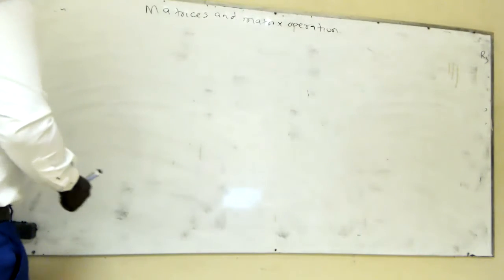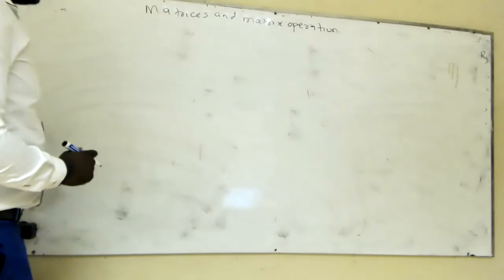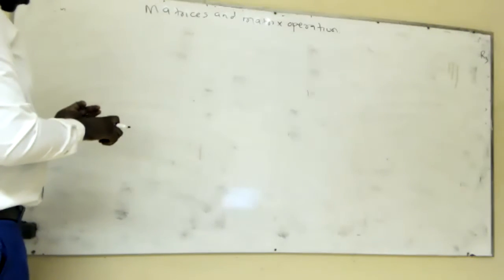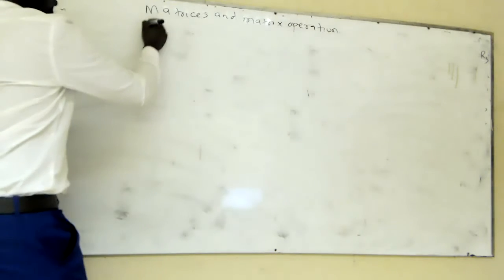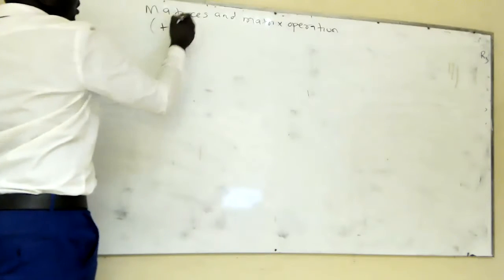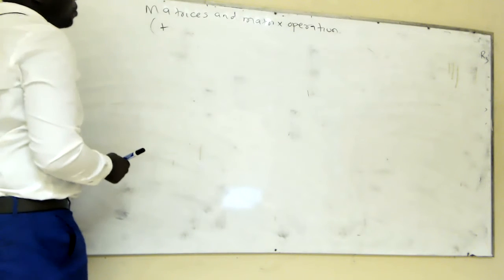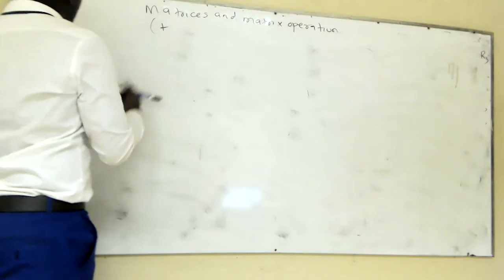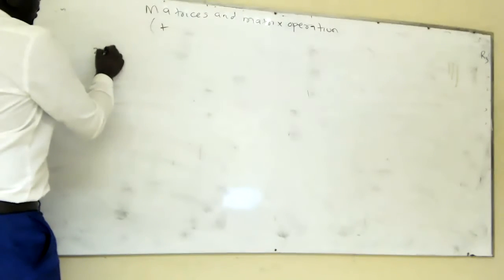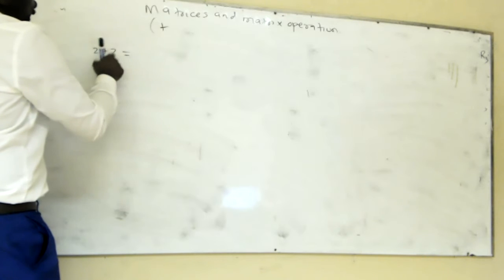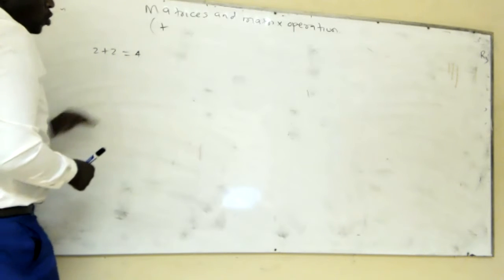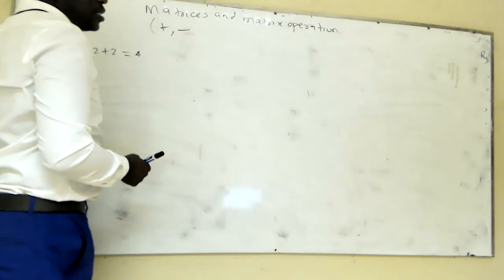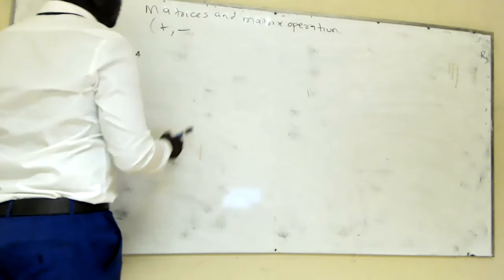So the operations we are going to implement here are the same as the operations we do for real numbers. For example, the operation of addition, we use it with real numbers like 2 plus 2 will give us a 4. So we're still going to implement that. And then the other one is the negative, subtraction.